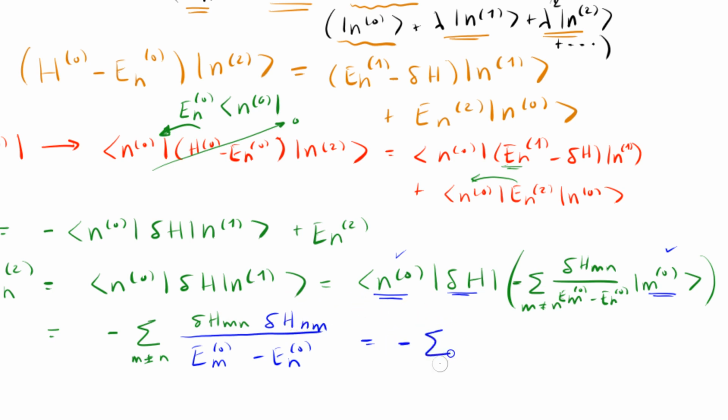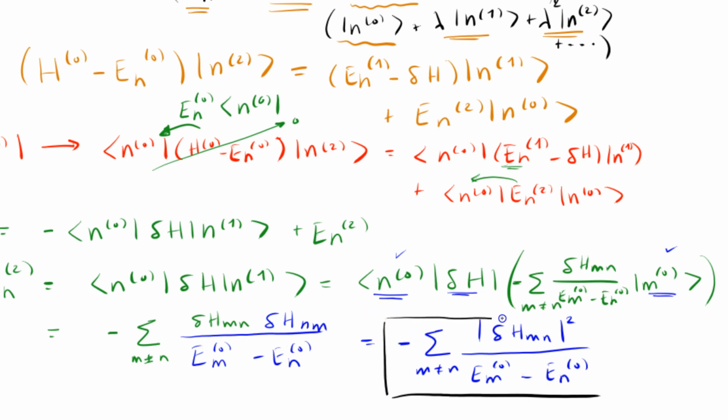So this is negative sum over m not equal to n of the magnitude of delta h mn squared, divided by em0 minus en0. And there it is, fellas. There it is. This is our second order energy correction.